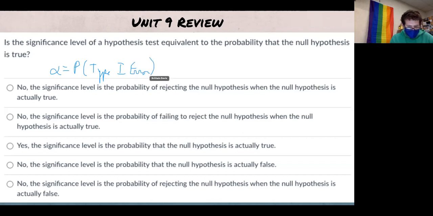All right, and if you do remember that, a type 1 error occurs when you reject the null hypothesis when the null is actually true. So that's maybe the most straightforward way. And now you can convert that into a sentence, and that's exactly what A says. The significance level, alpha, is the probability of rejecting the null hypothesis when the null hypothesis is actually true. So that's what we're saying.